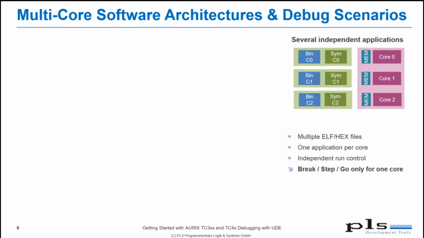The simplest one is certainly a single core application. If you bring this onto such a multi-core system, then you can execute several single core applications in parallel. Each application comes with its own binary file, its own ELF file, for example, and each of these single core applications uses its own core.